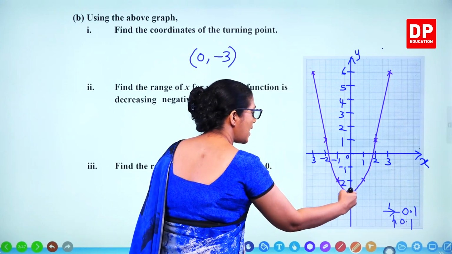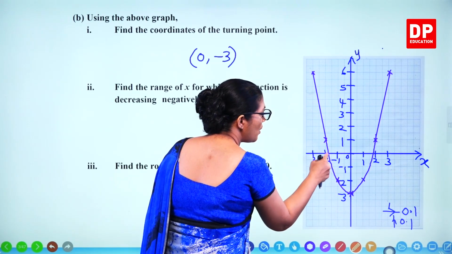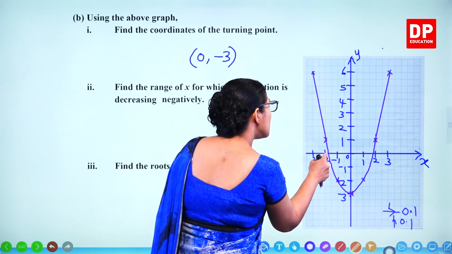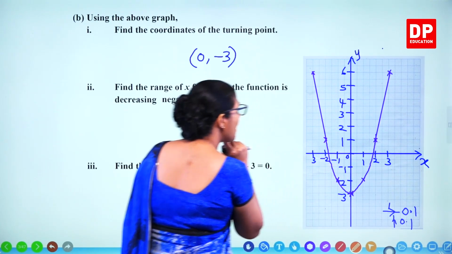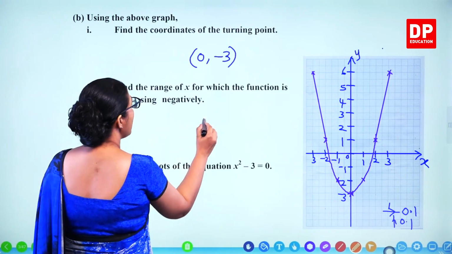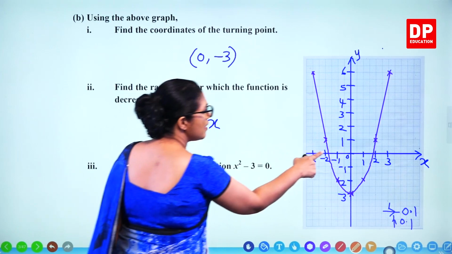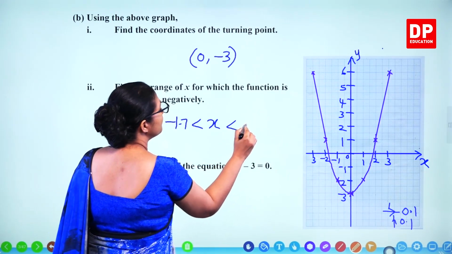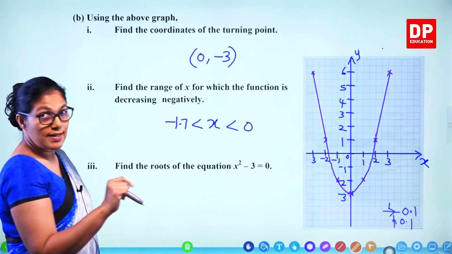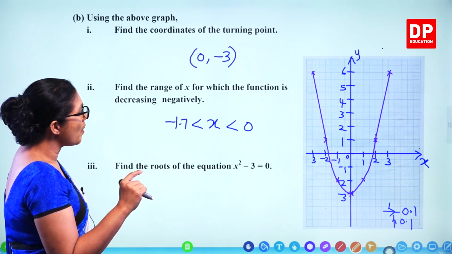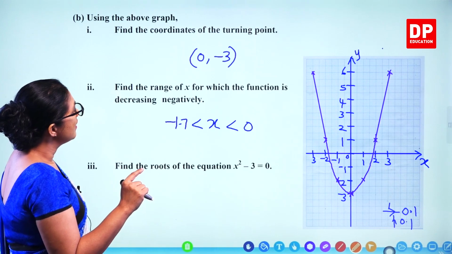Decreasing means this side, but negatively means only this part. Here the x value is 0. Here is minus 1.7. So you can write x is in between minus 1.7 to 0. That's decreasing negatively.